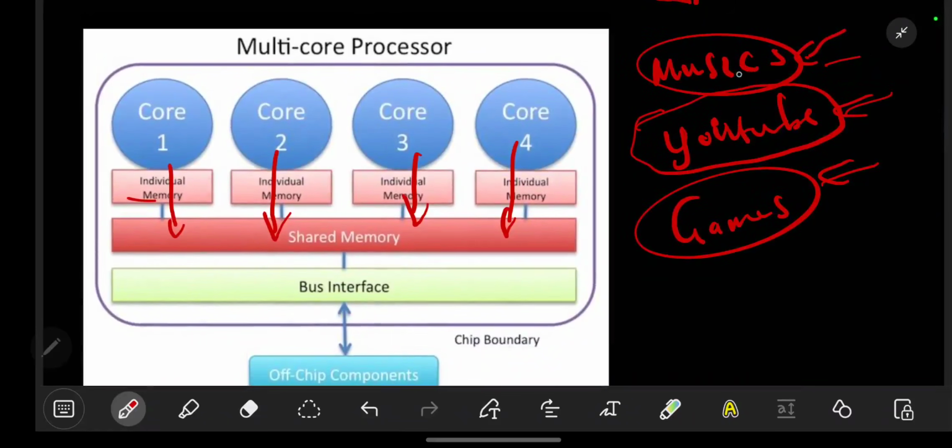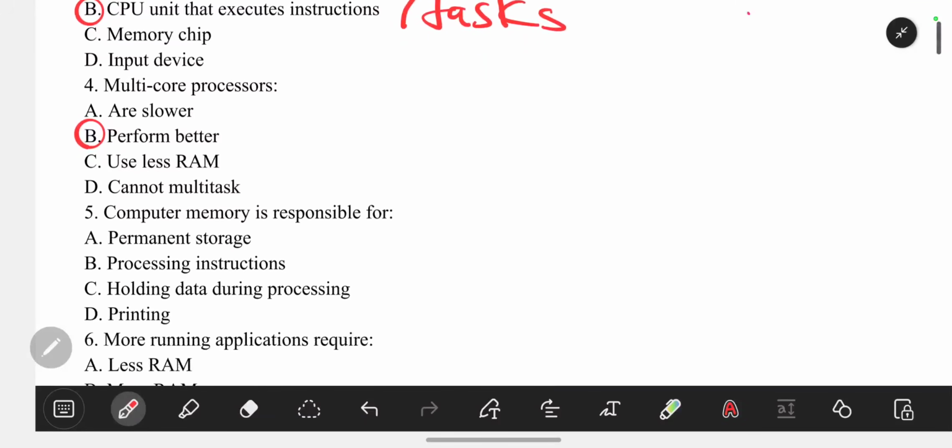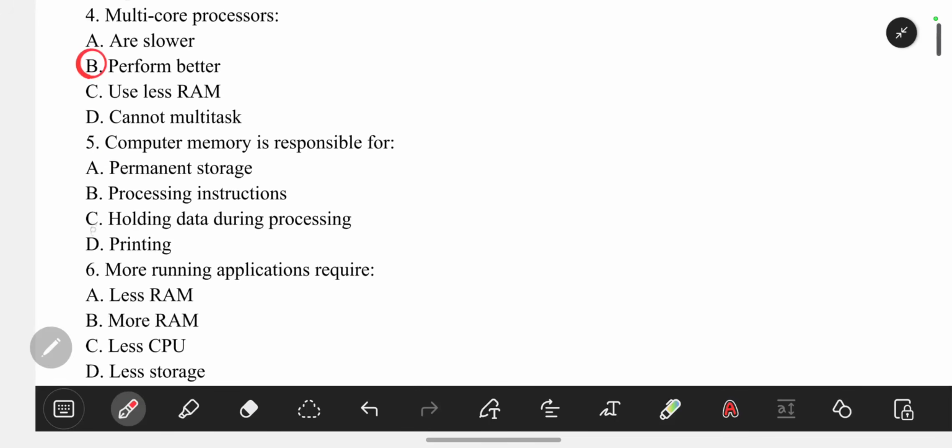Let's move on to our next question. Our number 5 says, computer memory is responsible for holding data during processing.